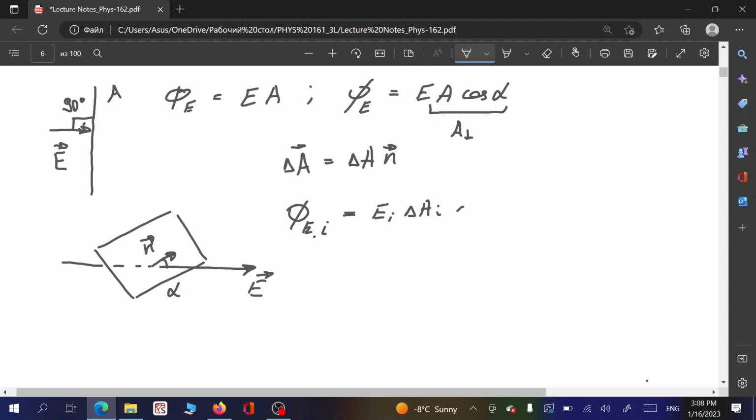And obviously here should be cosine, let's say theta_i. So this is the angle between the electric field vector at this small element and the normal to the small element surface. So this can be represented in a different, more convenient and shorter form. Any suggestions what this could be?